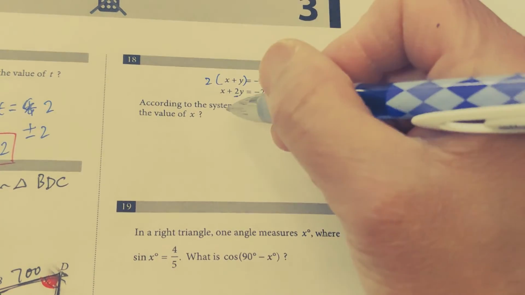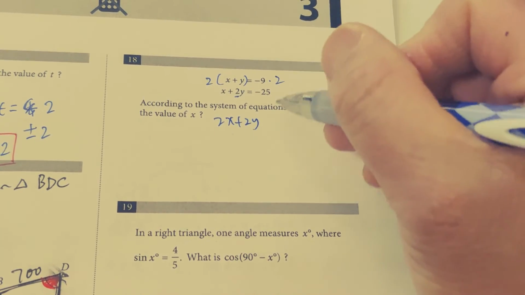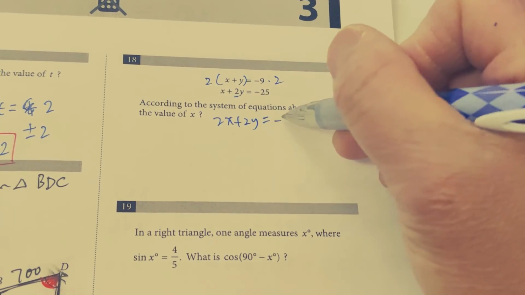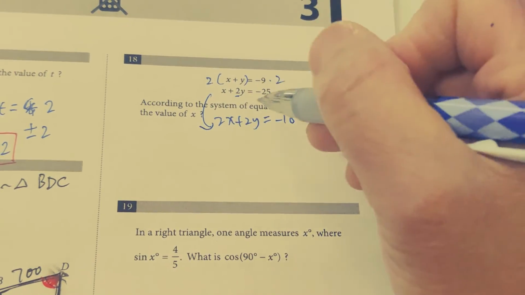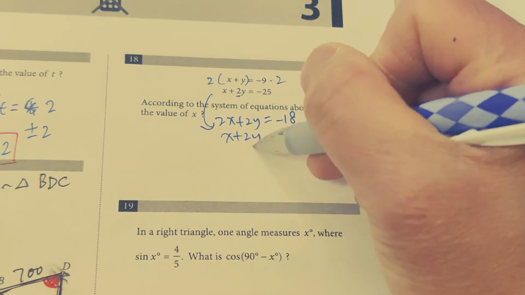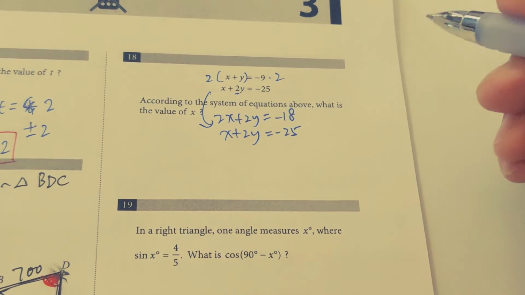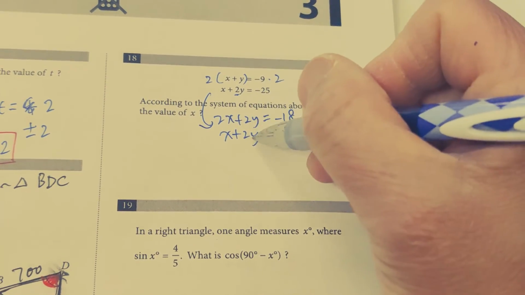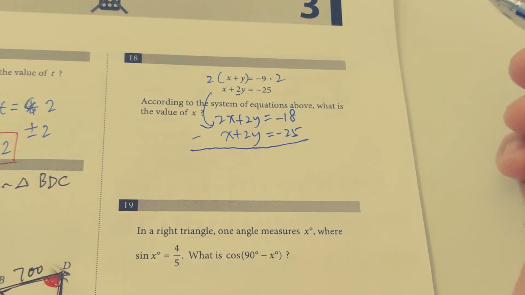Then you're going to have 2x plus 2y equals 18. And let me just write down the second equation over here. I'm going to move it down here. x plus 2y equals negative 25. Over here you can see I have 2y and 2y, so that means I can subtract to eliminate the 2y.